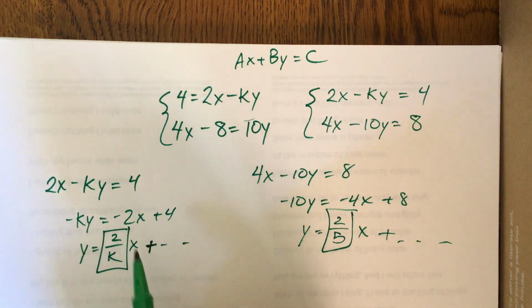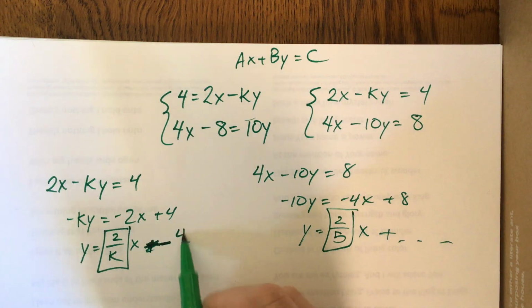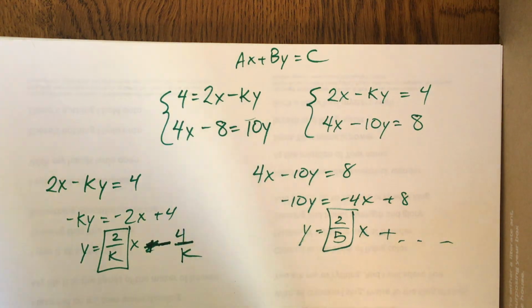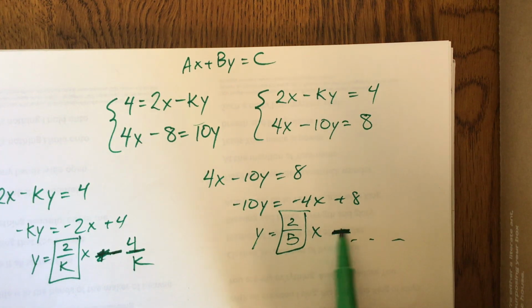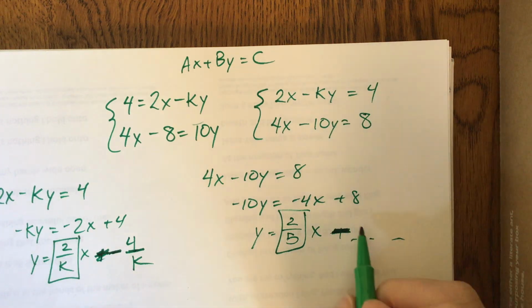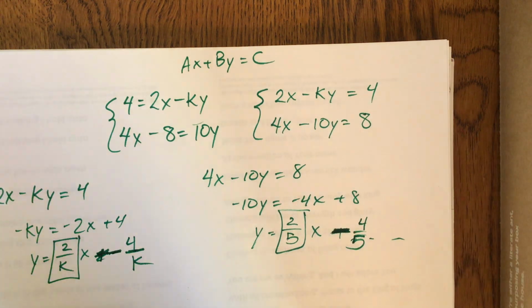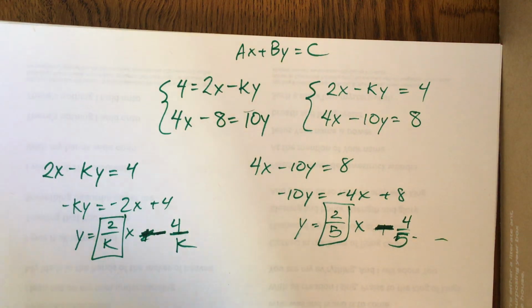For the first one it would be minus 4 over k. And for this one, we divide here, that becomes a minus 8 over 10, which reduces to 4/5. So here's our slope, here's our y-intercept. Here's our slope, here's our y-intercept.